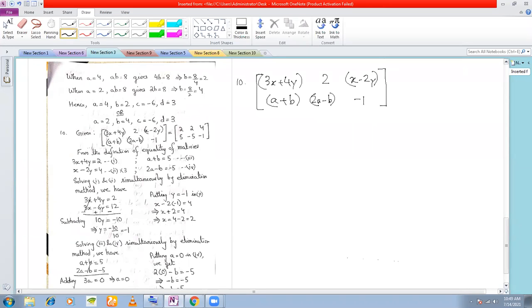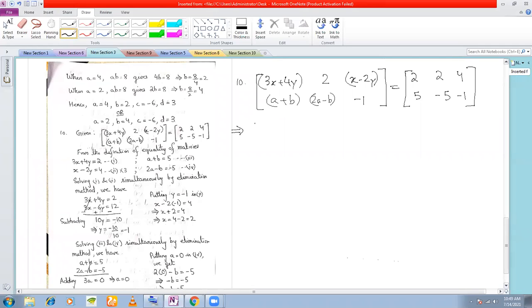This is a rectangular matrix. The order of this matrix is 2 by 3, and it is equal to 2, 2, 4; 5, minus 5, and minus 1. We want to find out the values of x, y, a, and b.